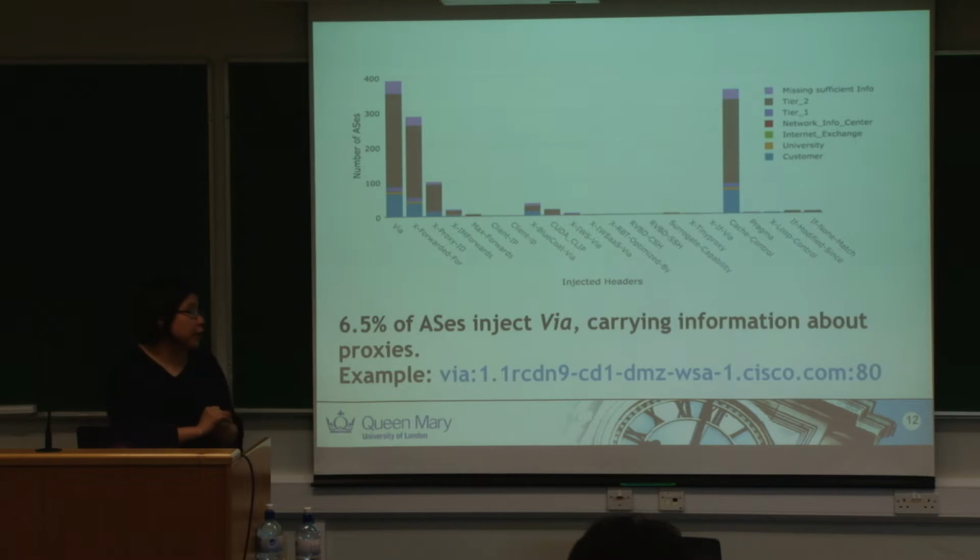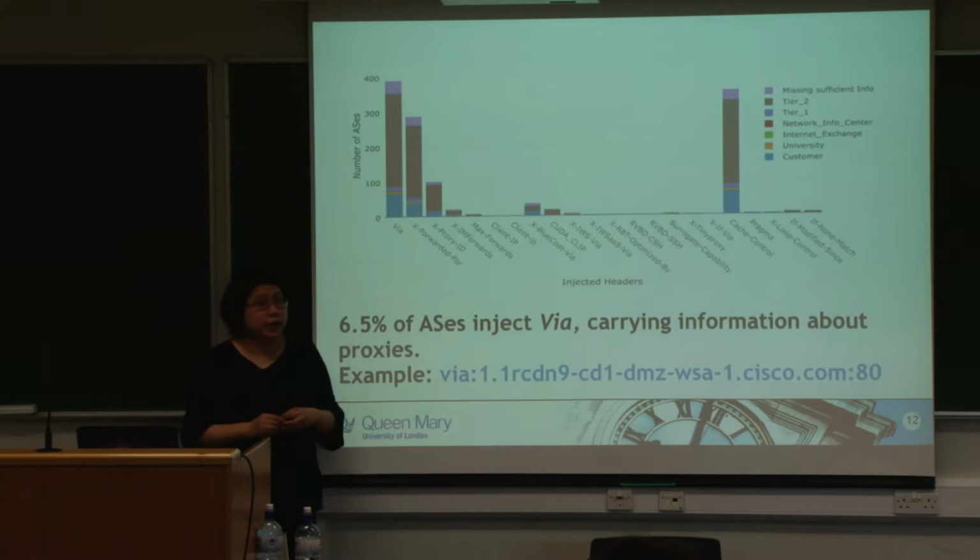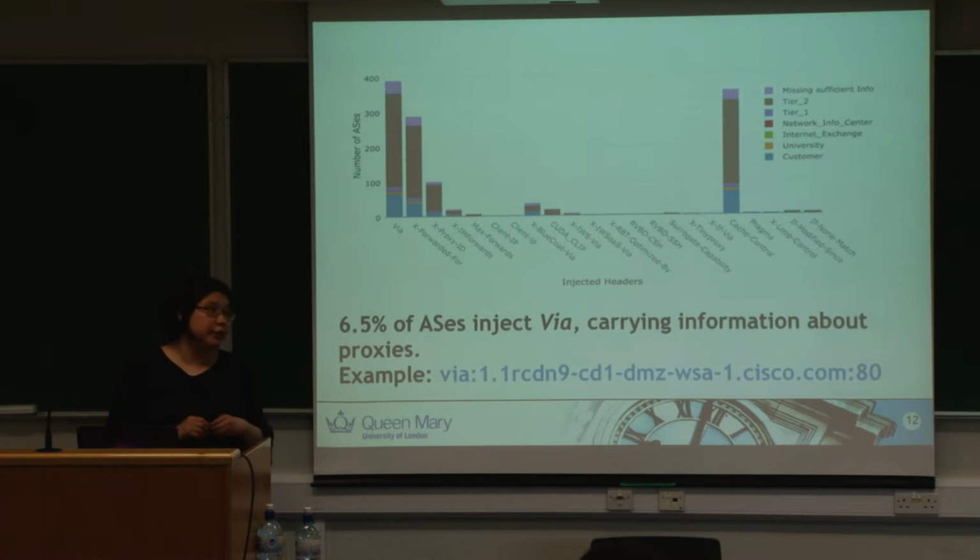And it could carry some information about the proxy. We not only check the header names, but also the values of these headers. And the values are consistent with the header names, and all of them prove the presence of some proxy or cache related middleboxes.